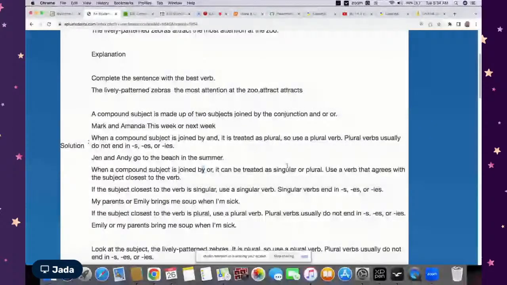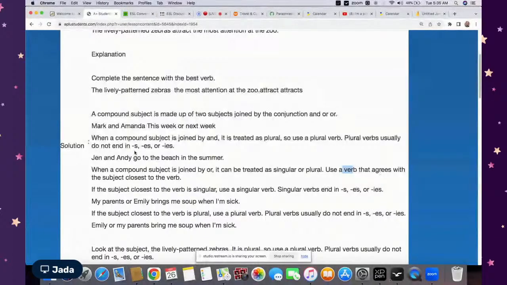Use a verb that agrees with the subject closest to the verb. Now, once you see that the compound subject is joined by or, it is treated as either singular or plural, but how you figure out the answer is to use the verb that agrees with the subject closest to the verb.